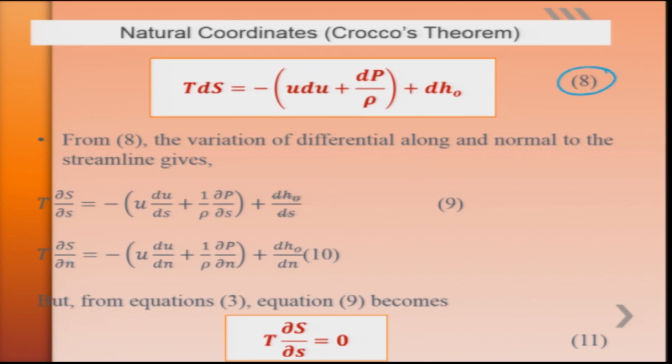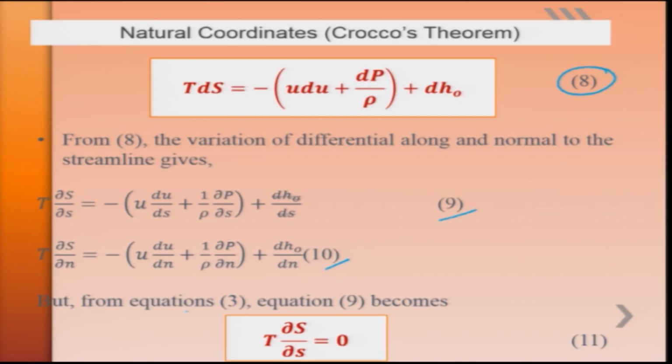For the normal component, normal to the streamline direction, T del s by del n is minus u del u by del n plus 1 by rho del p by del n plus dH naught by dn. Let us say these are 9 and 10.